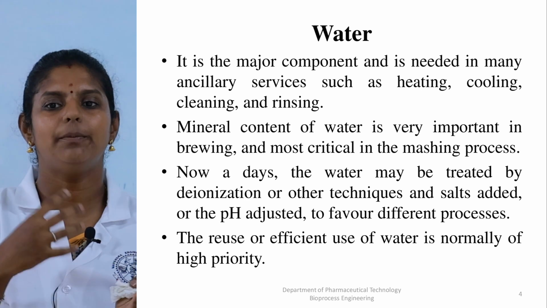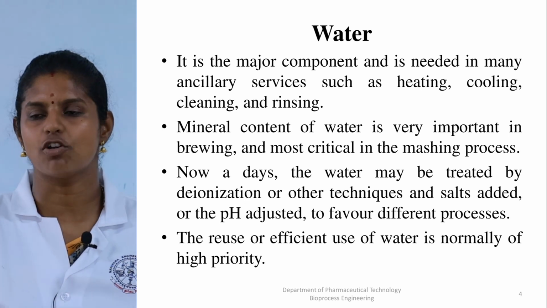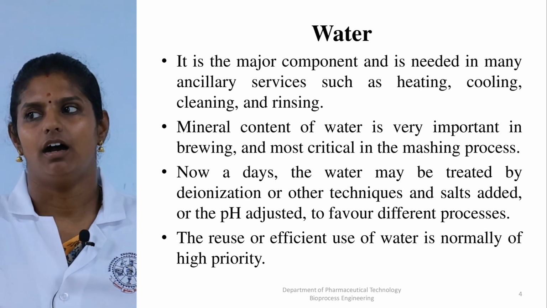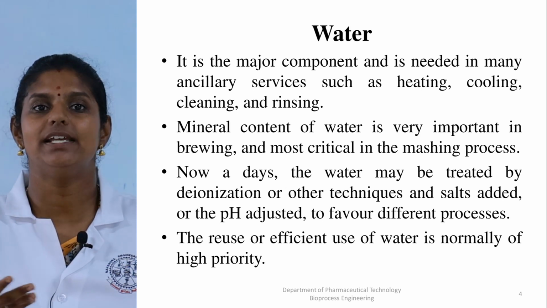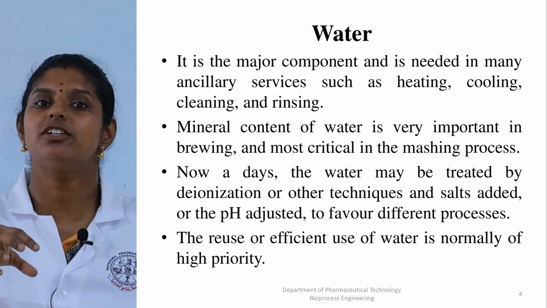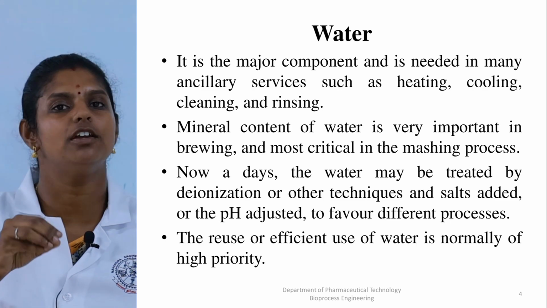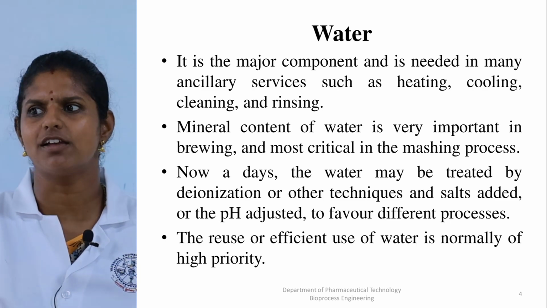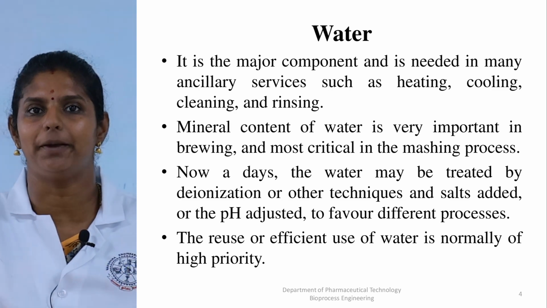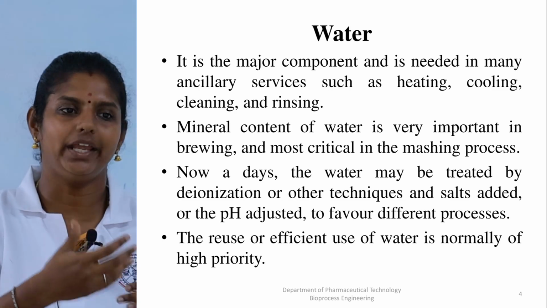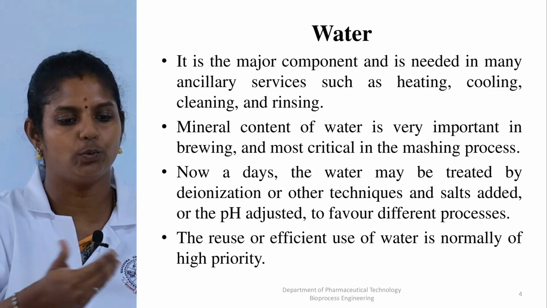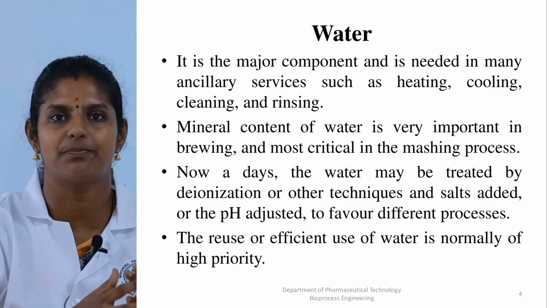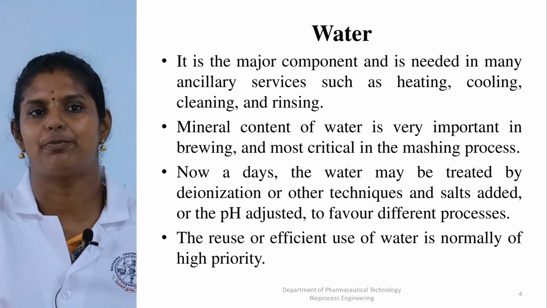In the production of certain byproducts, like in the brewing industry and mashing industry, the mineral content present in the water is also an important factor to be considered. And in certain other processes, like beer production or wine production, we can treat the deionized water, to which we can add salts and adjust the pH during the production process.